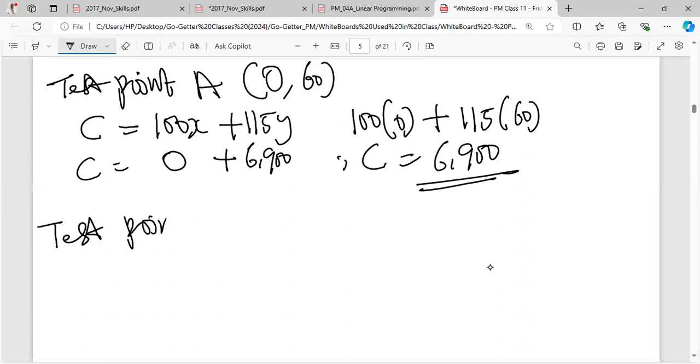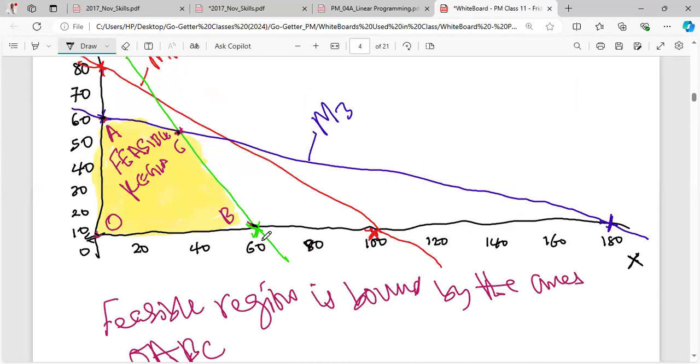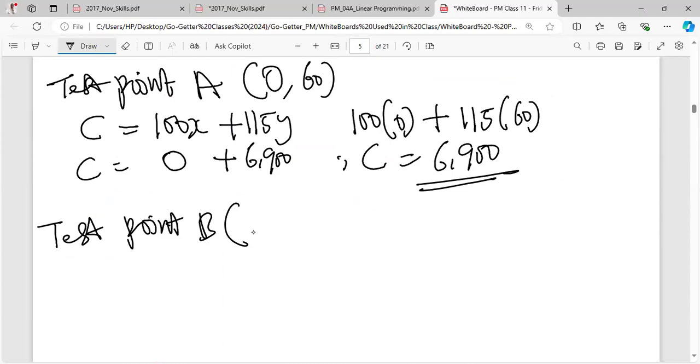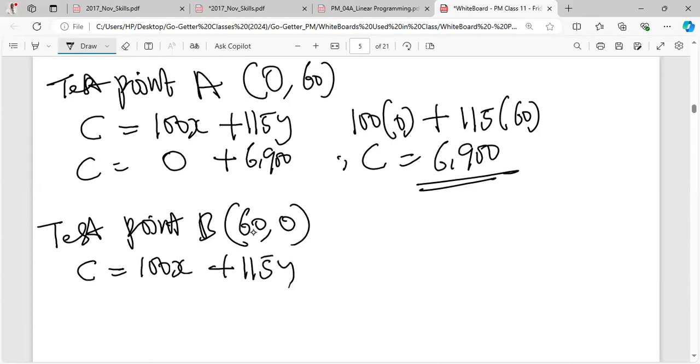Test point B. What is point B? In this point B, x is 60 and y is 0. So this is 60, 0. It's different from point A that is 0, 60. So we'll come again. C is 100x plus 115y.